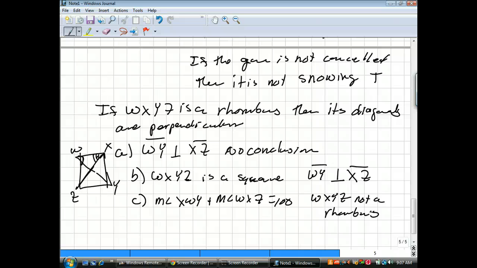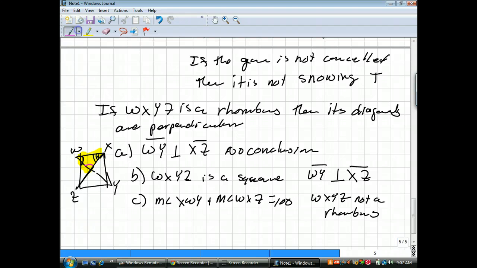And we know it's not a rhombus because if we look at this triangle, if these two angles equal 100, then this cannot be a right angle. This right here cannot be a right angle. And so then we know that WXYZ is not a rhombus.